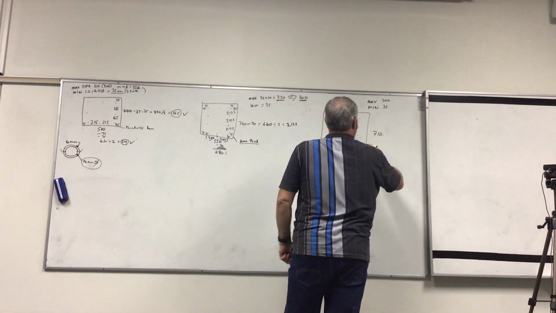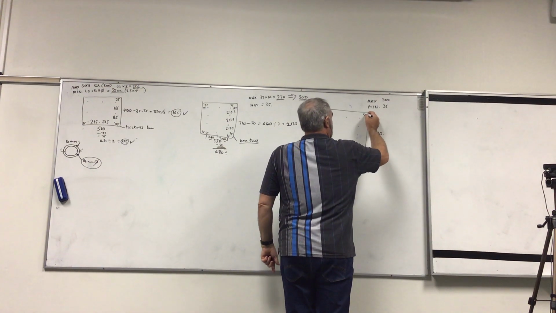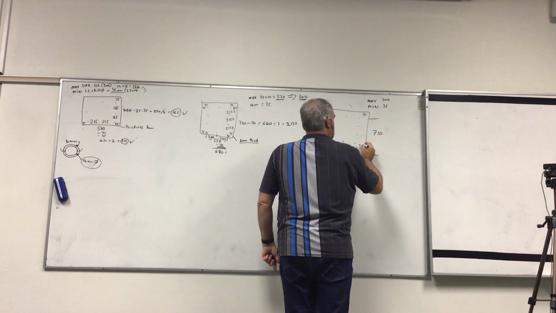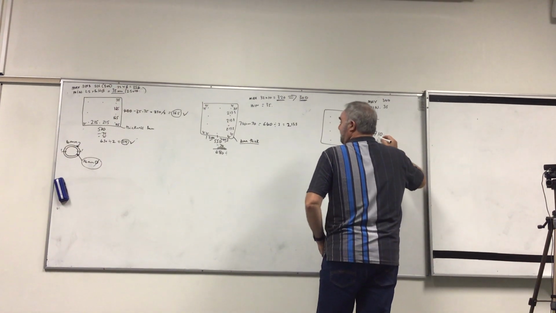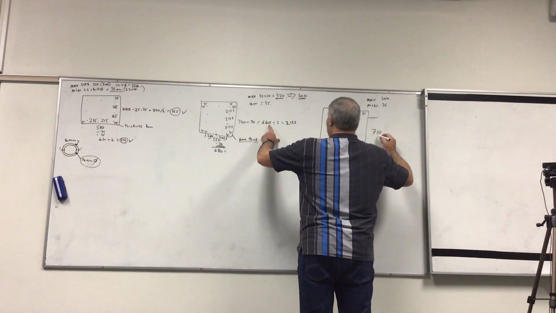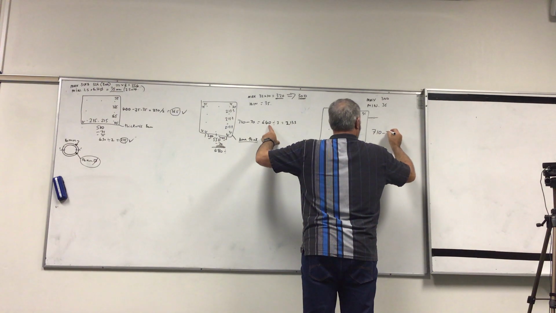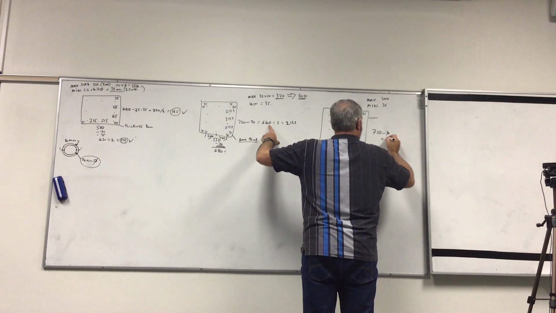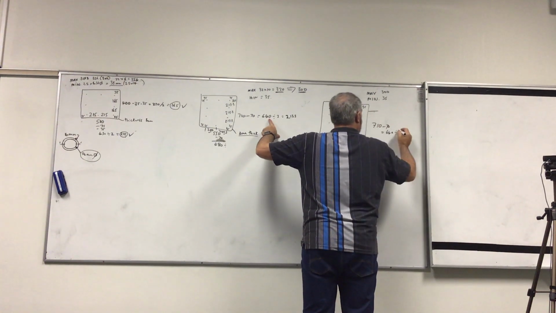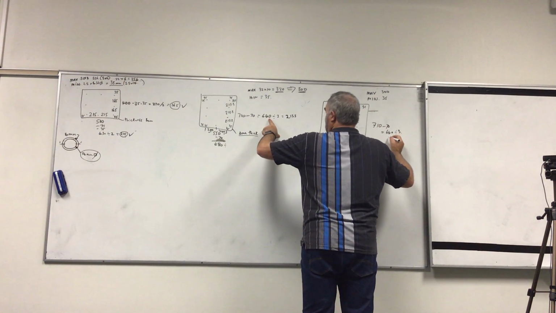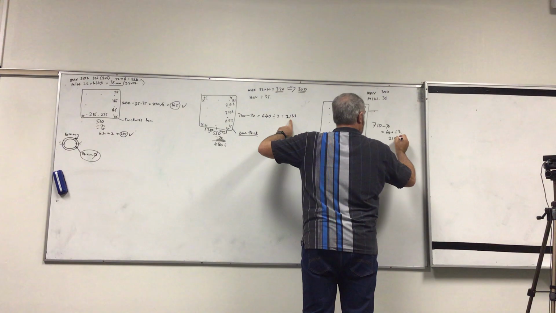Coming down this way, 35, 35, and so we're left with 710, 640. This time we're dividing it by 1, 2, 3, and we end up with 213.3.